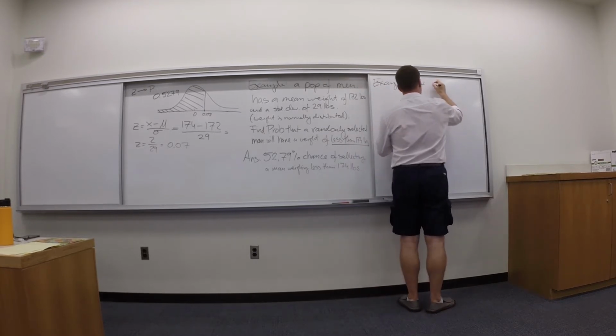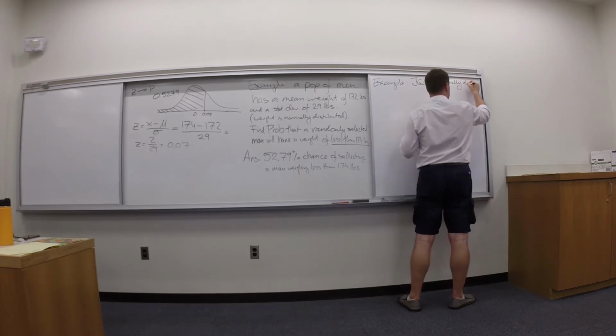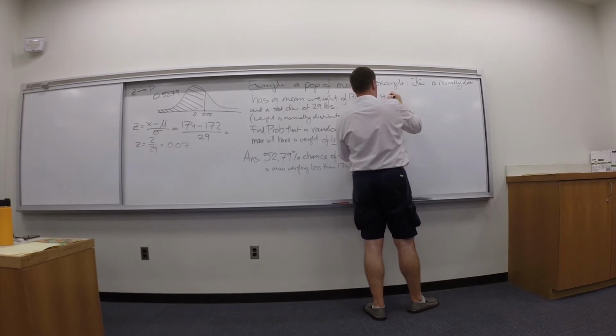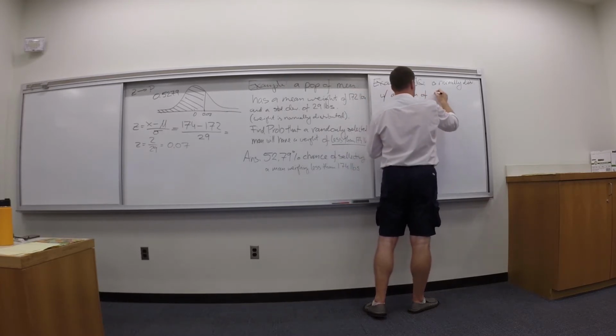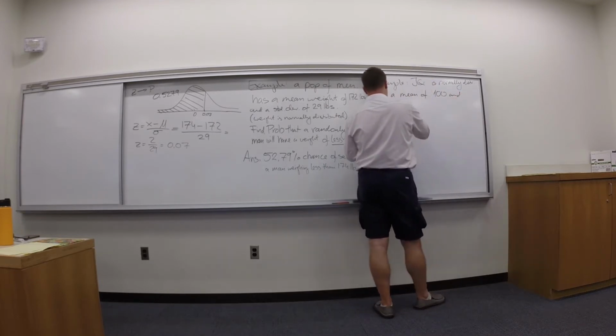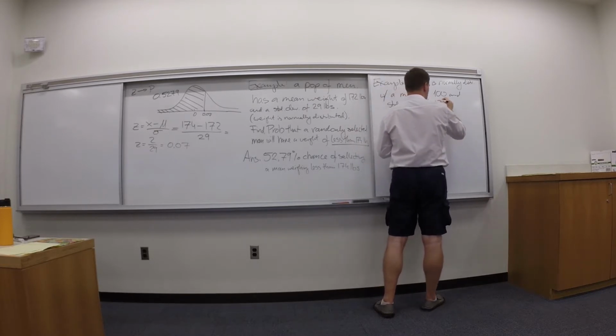IQ is normally distributed with a mean of 100 and standard deviation of 15.